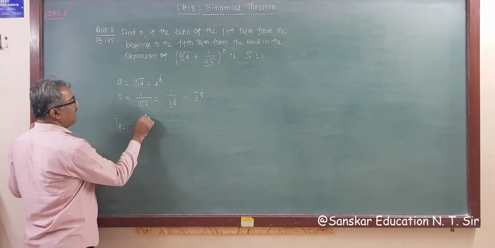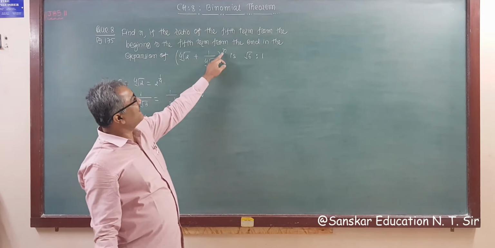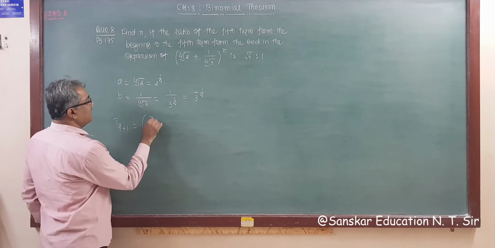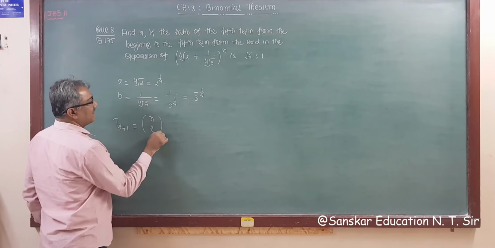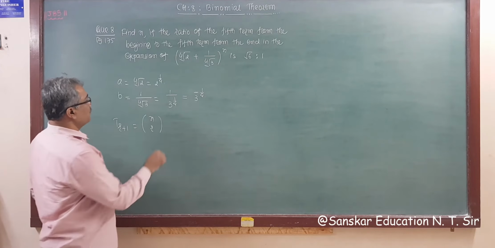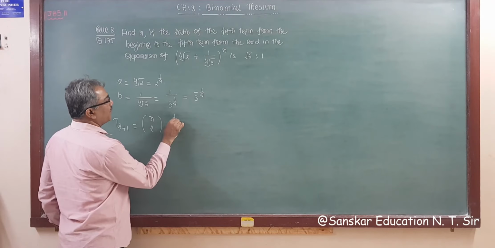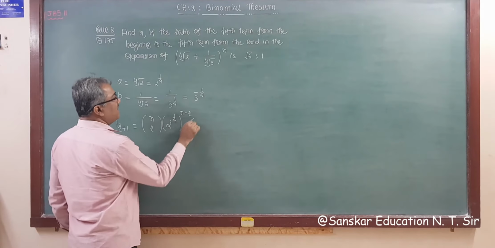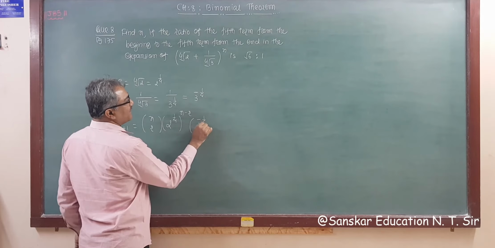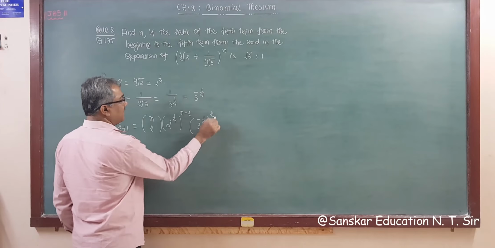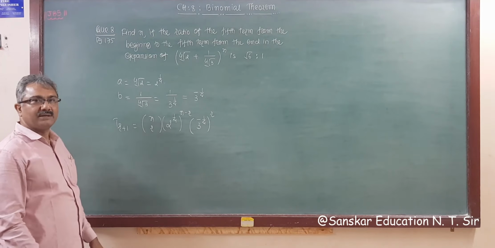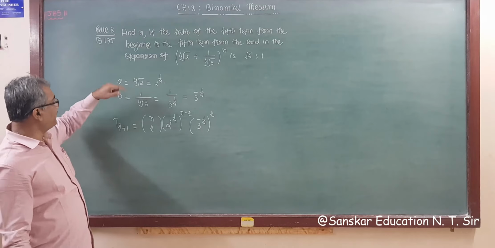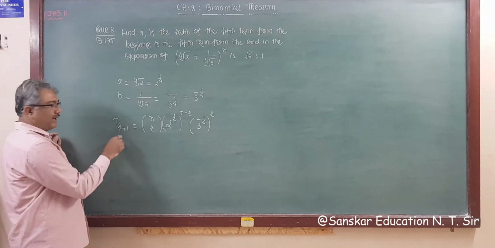Because we have to find the nth term. So T r plus 1 is equal to nCr, a raised to n minus r, where a is 2 raised to 1/4, and b is 3 raised to minus 1/4. Now for the fifth term, r is equal to 4.